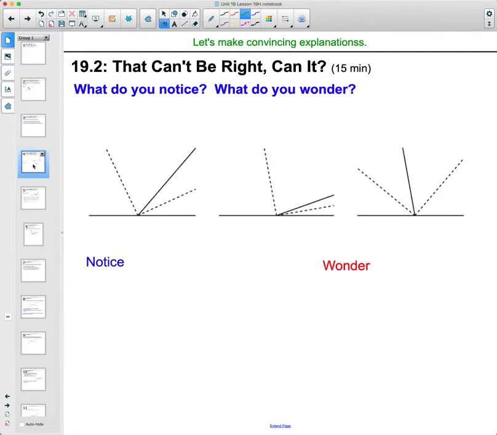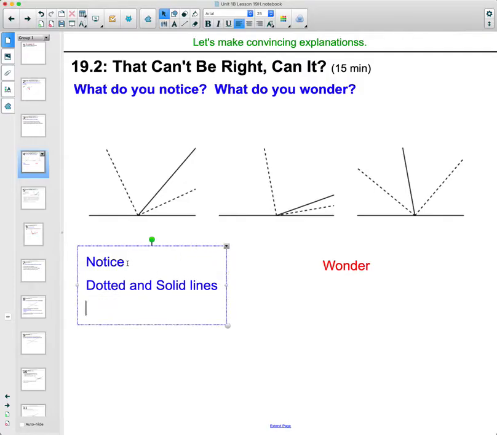So on this screen, go ahead and pause the video and write down some things that you notice and wonder about these three pictures, and then come back and I'll discuss some things that we noticed and wondered in class. So some things that people were noticing is they saw dotted and solid lines.